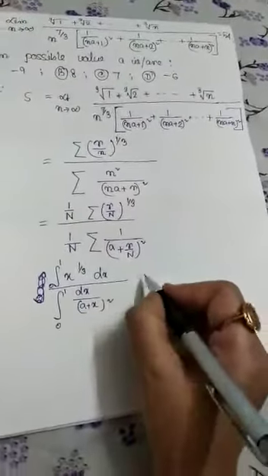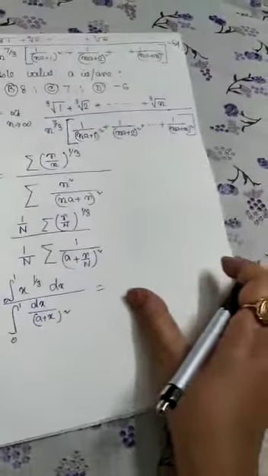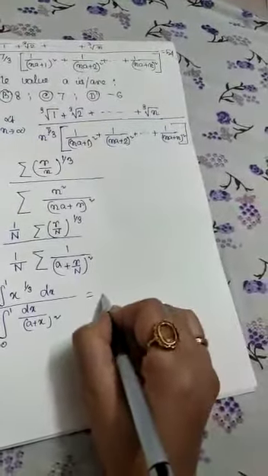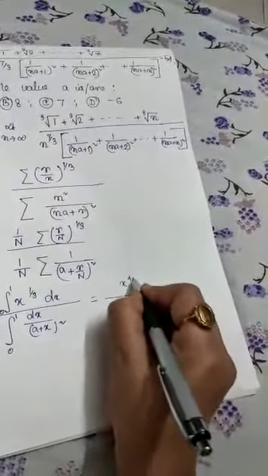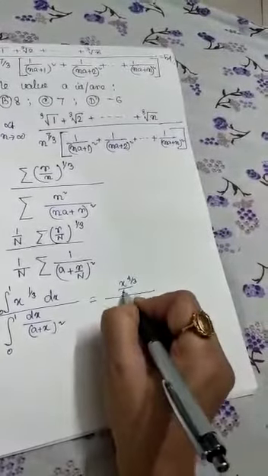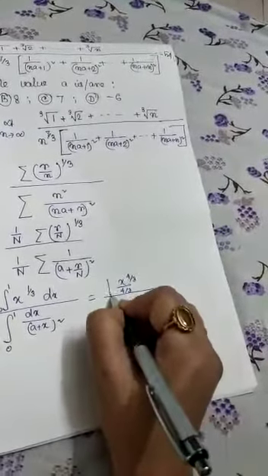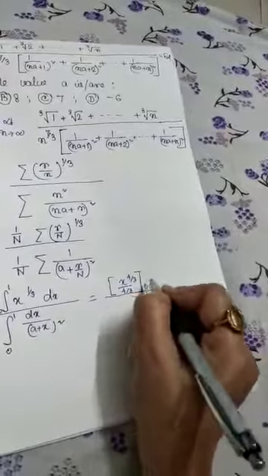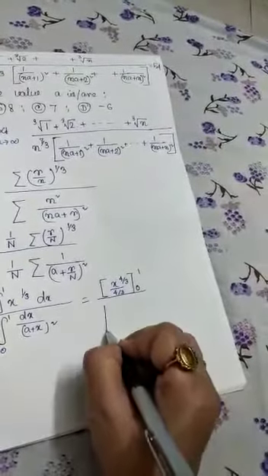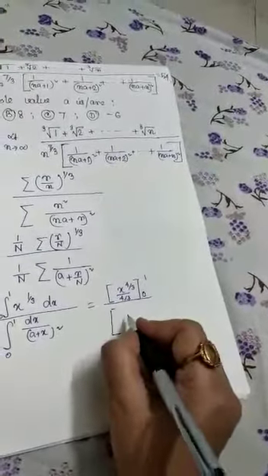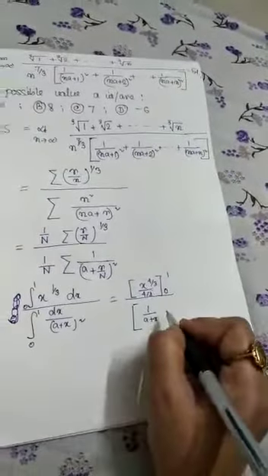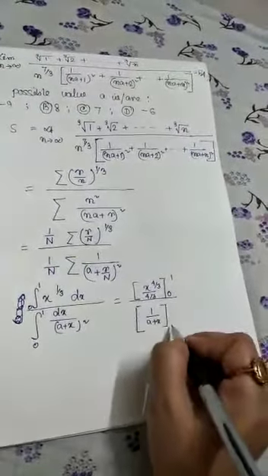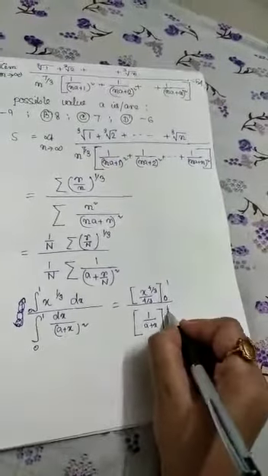After calculating this one, the numerator becomes x to the power 4 by 3 divided by 4 by 3 between the limits 0 to 1. The denominator becomes minus 1 by (a plus x) between the limits 0 to 1.